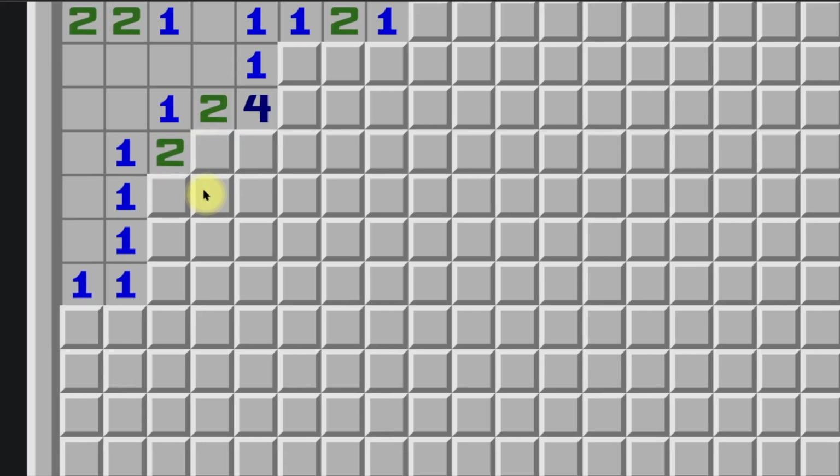Alright, so here is an example of the 1-1 pattern with a perpendicular wall that runs just outside of the pattern. Here we have a 1-1 right here, edge of the board, and this is our main flat wall right here. But here's our perpendicular wall that is just to the right of the pattern. If we do our same logic here, we take a look at this one, must be a mine either here or here, either way, this one sees it.